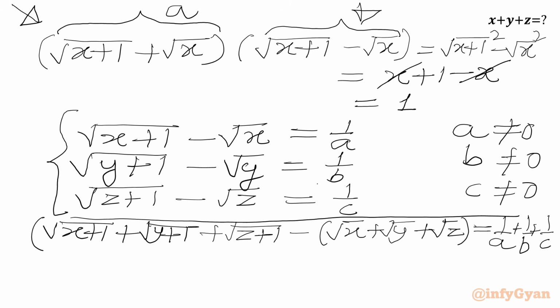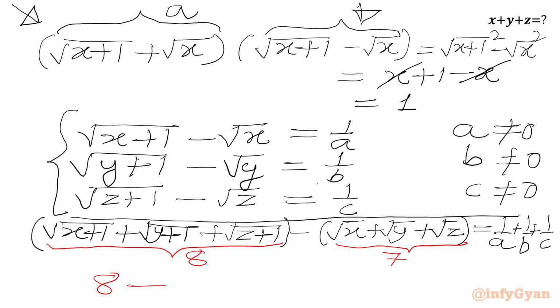Now this is our equation number 2. First bracket is our equation number 2. Value was 8. This is our equation number 1. Value was 7. So in LHS we are going to write 8 minus 7, and in RHS we have reciprocal sum 1 over a plus 1 over b plus 1 over c.